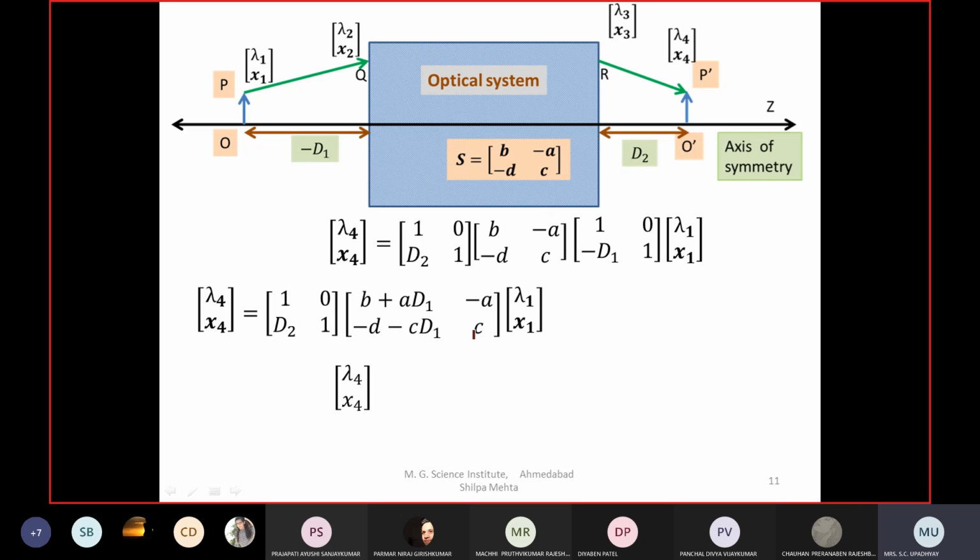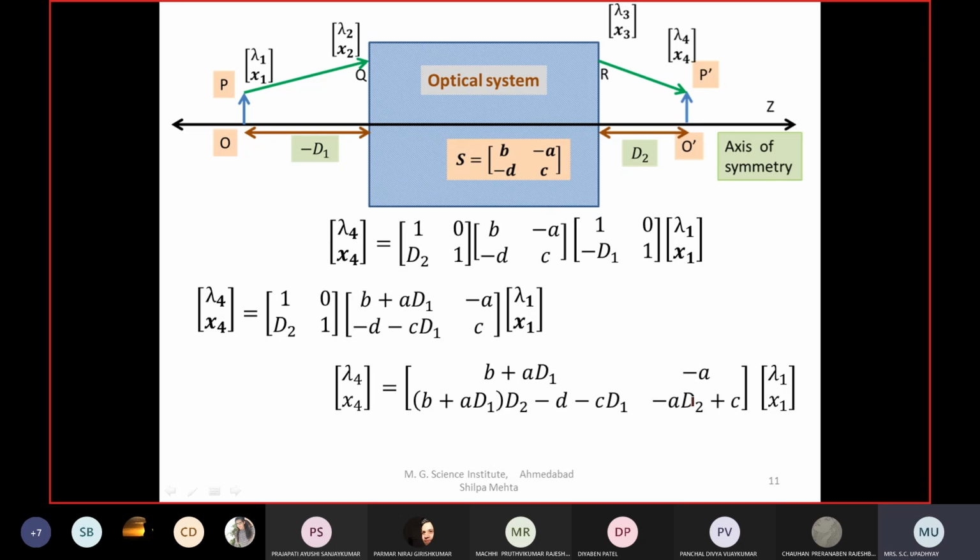So lambda 4 x4 is equal to, this is our answer. First element is b plus ad1, second is minus a, third element is b plus d1 into d2 minus d minus c d1, and the fourth element is minus ad2 plus c, and then lambda 1 x1.